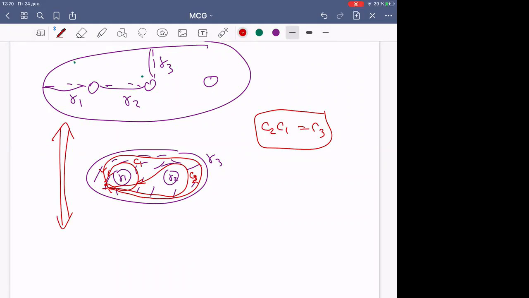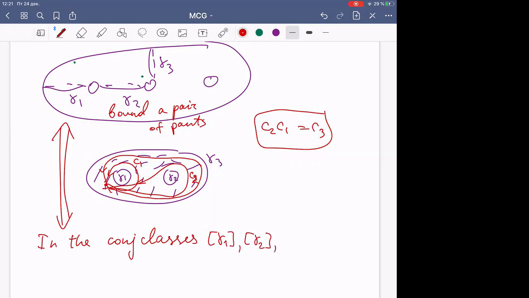Three curves, gamma 1, gamma 2, gamma 3, bound a pair of pants if and only if, in the conjugacy classes, it is possible to choose elements C1, C2, and C3 so that C3 equals C1 C2.